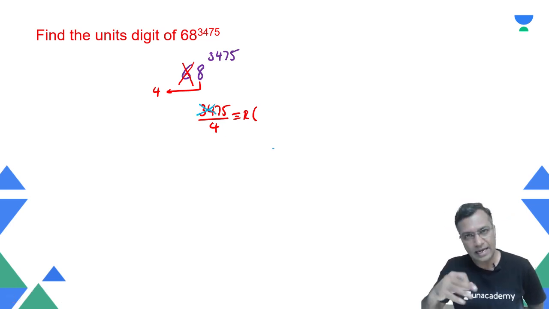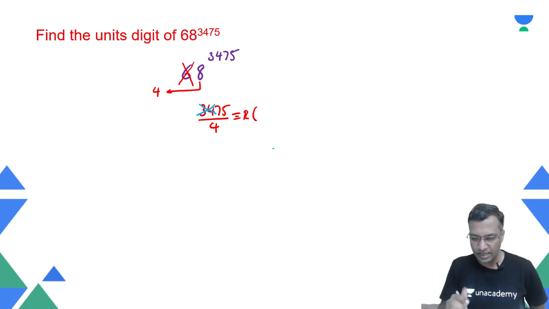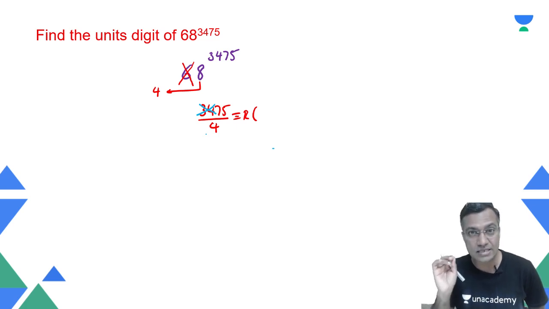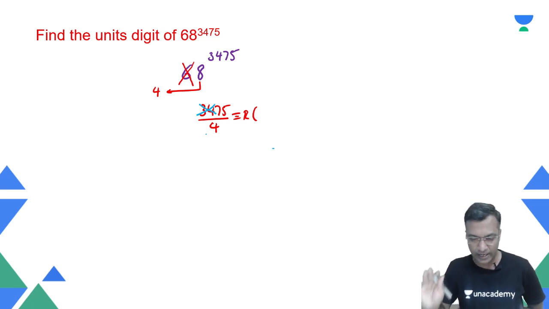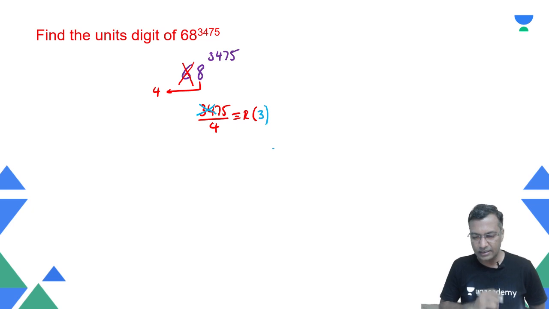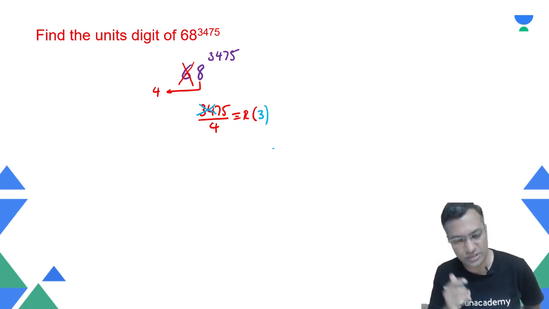As I told you already, the divisibility rule for 4 depends on the last 2 digits. Therefore, the remainder also comes from the last 2 digits. If the number is 3475, you can safely ignore that 34 and hook on to the last 2 digits. Don't look only at the last digit, go by the last two digits, by the divisibility rule. 75 divided by 4, the remainder is 3, because 72 is divisible by 4.